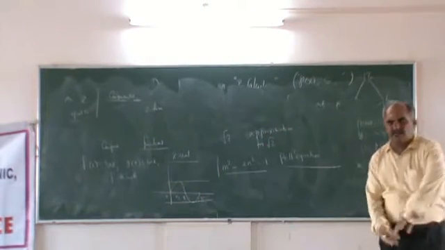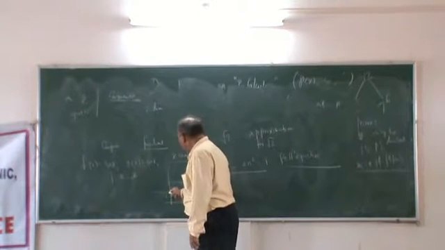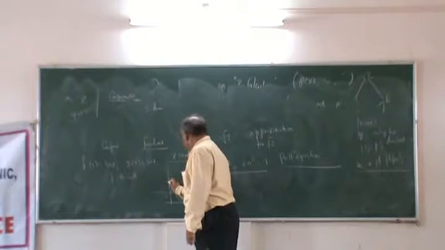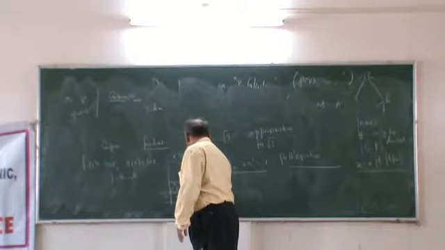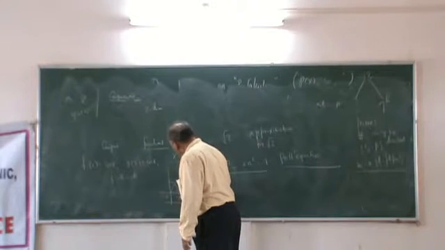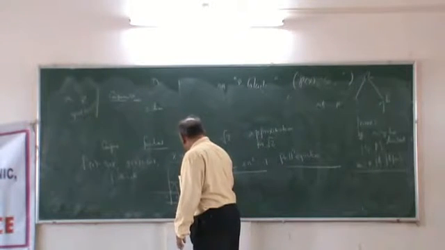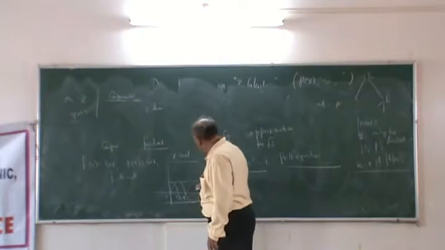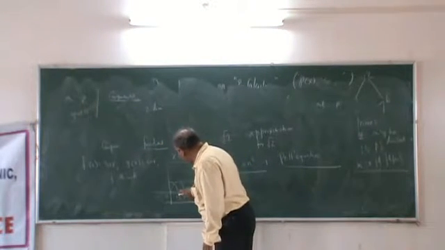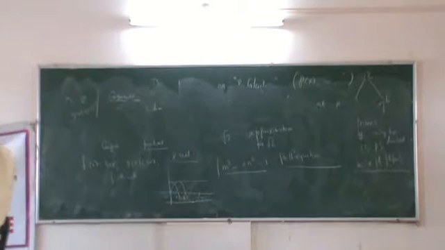So your sine and cos are bounded. What is cos now? Cos 0 is 1. So it should start there, and how does it go? Something like this. They traverse different paths.